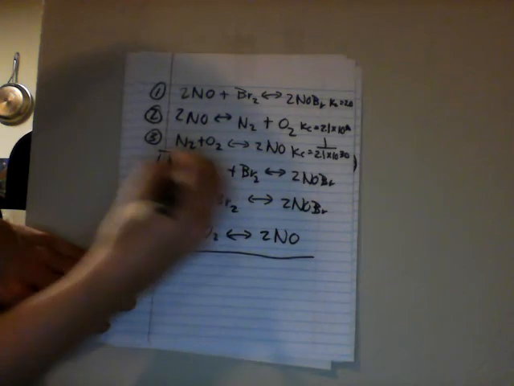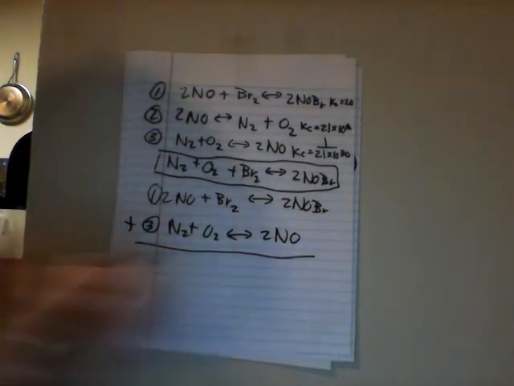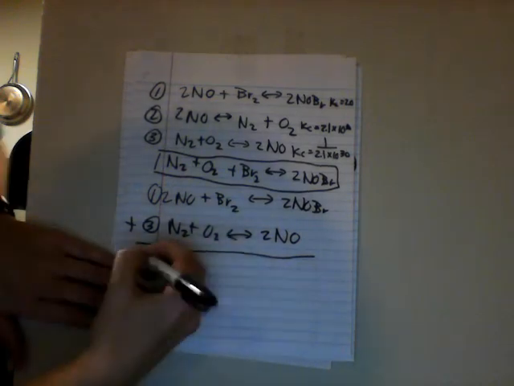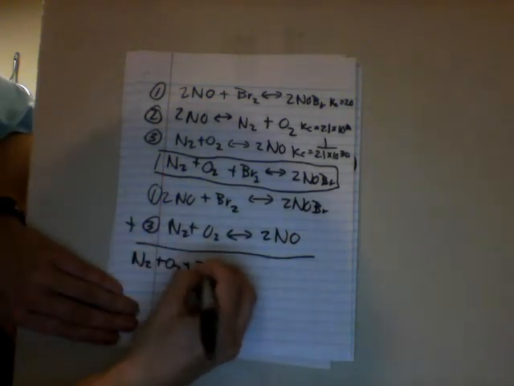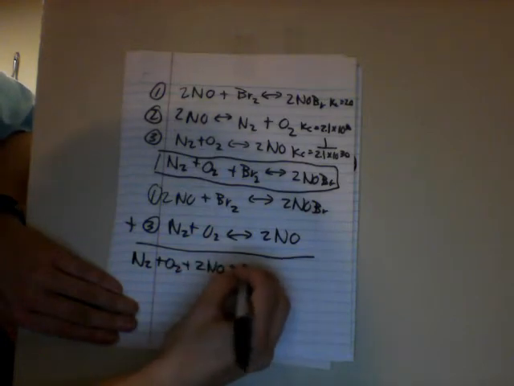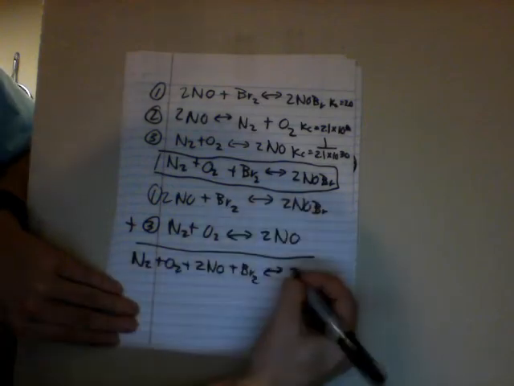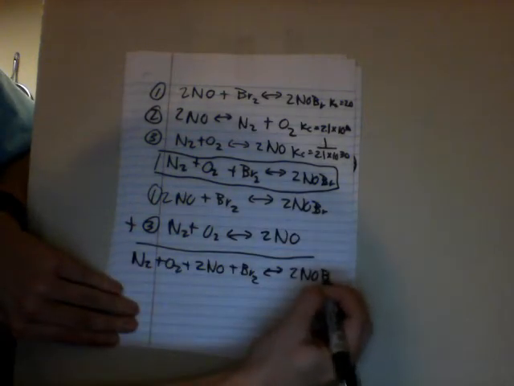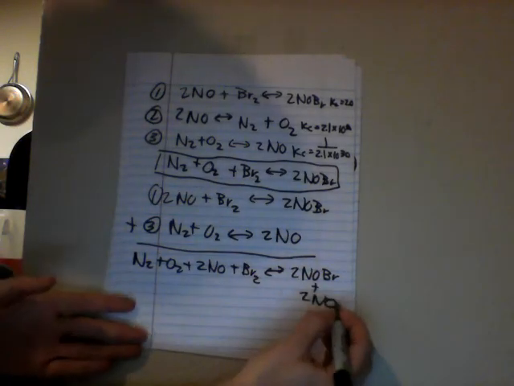And this is what I want, right? It should end up equaling that. So let's just put them all together. N2 plus O2 plus 2NO plus Br2 all equals all of my products: 2NOBr plus 2NO. Trying to write it big enough so everyone can see.